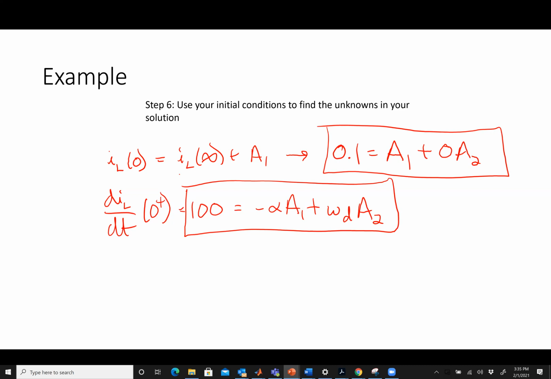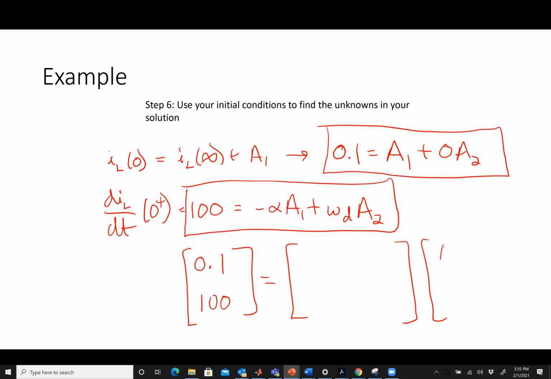Right, so the way I'm going to set that up is I'm going to say 0.1, 100 equals A1, A2 like that, okay? Now, what numbers do I put into the matrix there?